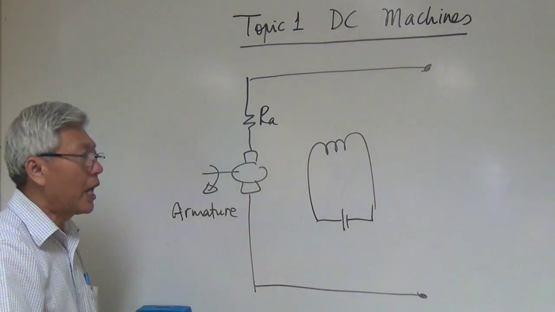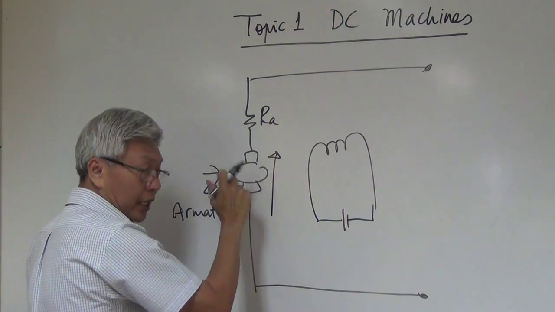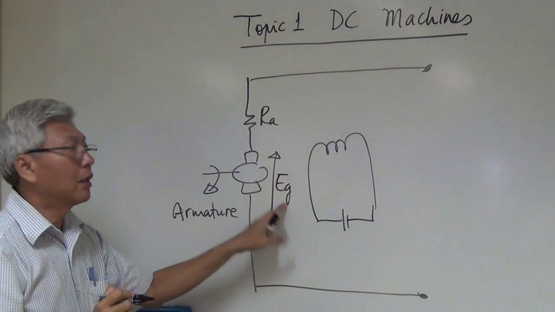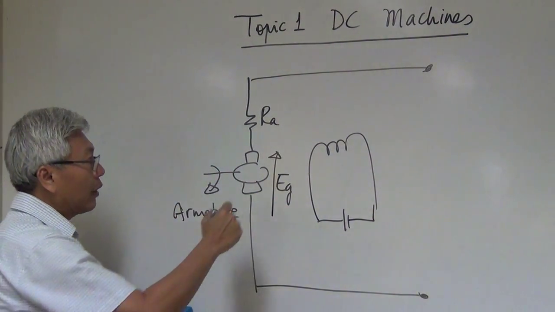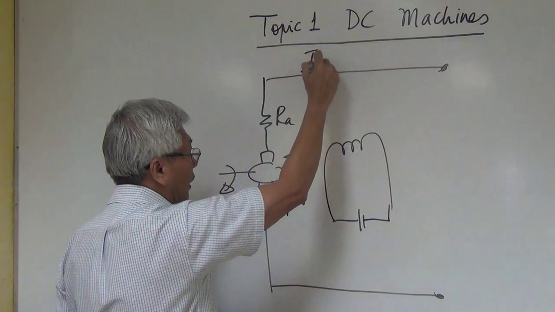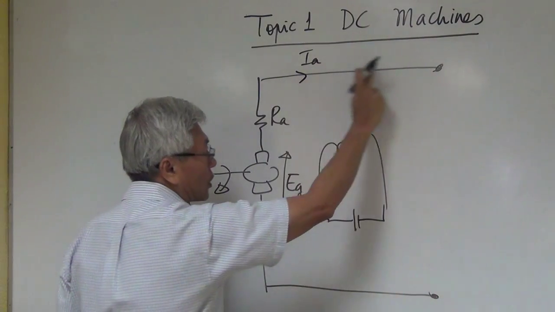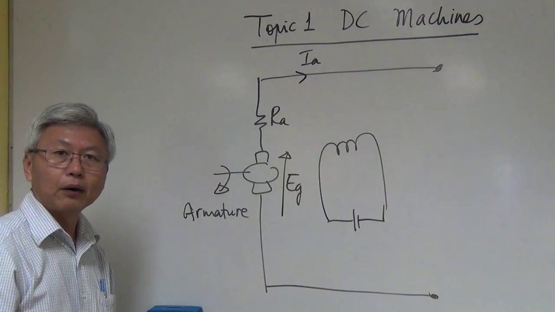The voltage produced in this generator is called EG, the generated voltage. The current that flows out we call the armature current. This whole armature circuit is equivalent to the conductor that I drew on the board just now.